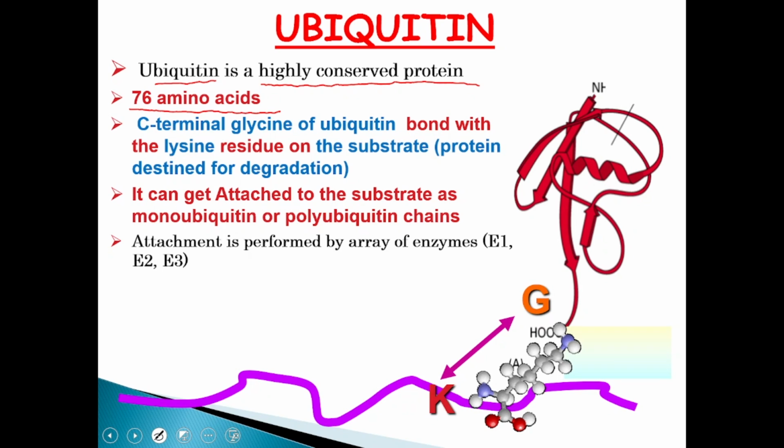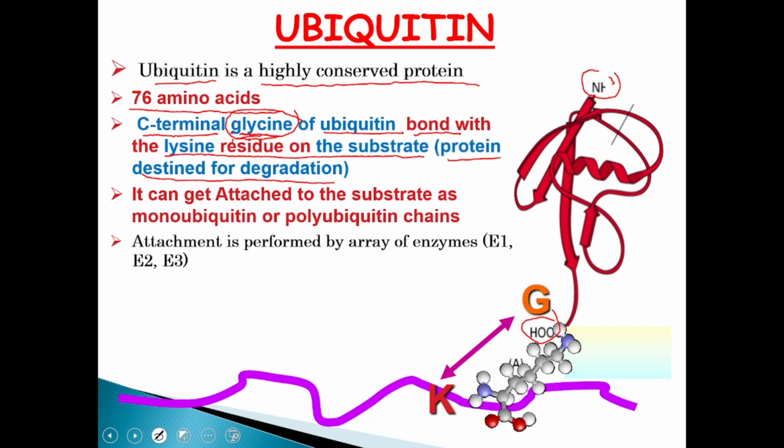This special characteristic is important: on the C terminal of ubiquitin, there is a glycine amino acid. All proteins have an N terminal and a C terminal, correct? So on the C terminal, ubiquitin has a glycine residue which is able to bond with a lysine residue on the substrate. Substrate meaning the protein that needs to be degraded.